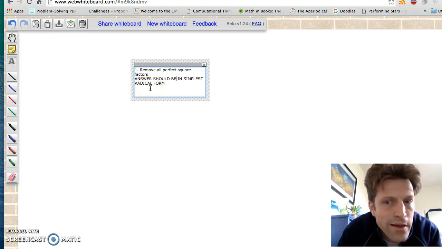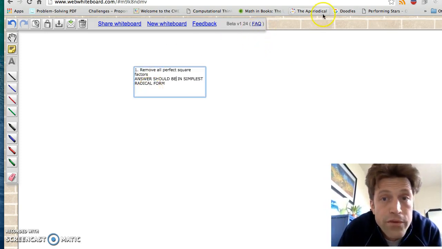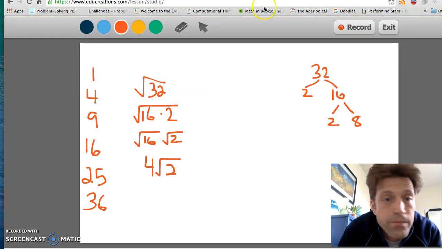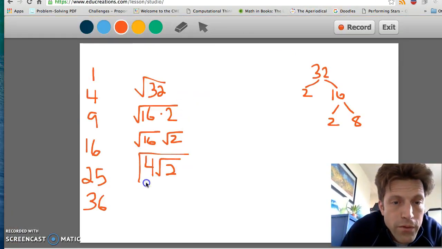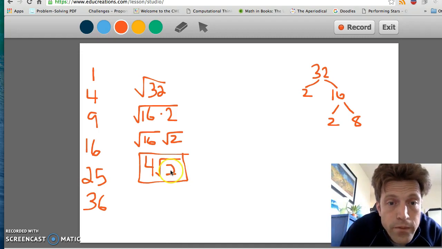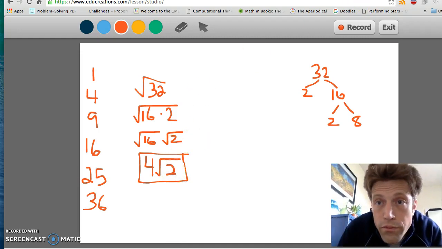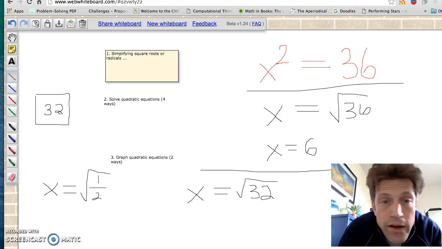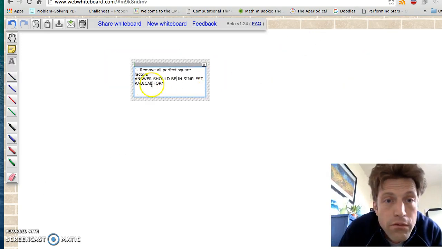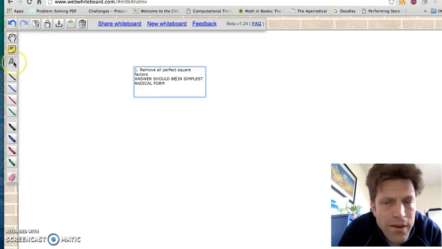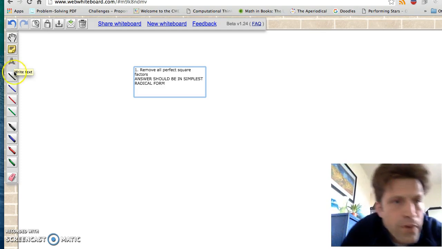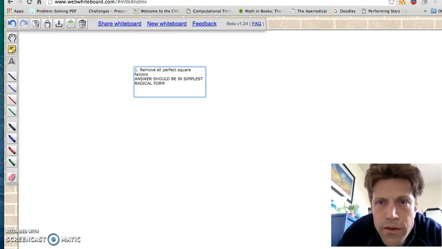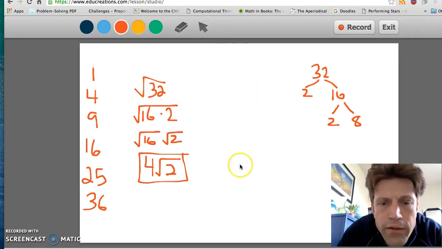And if it's telling you that, then 5.65 is not simplest radical form. So we have to be doing this. And this is simplest radical form because now there's no perfect squares in that radical. So that's one way of simplifying radicals, removing all perfect square factors. The answer should be in simplest radical form. But what about the square root of 1/2, which we had earlier? That was another problem we had, the square root of 1/2.